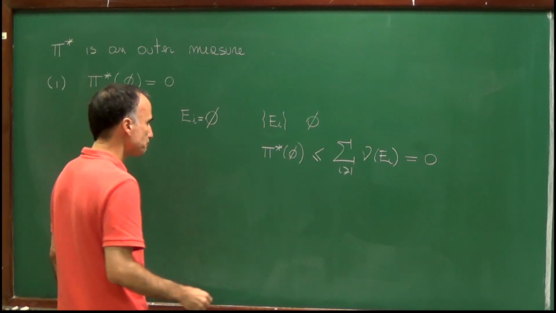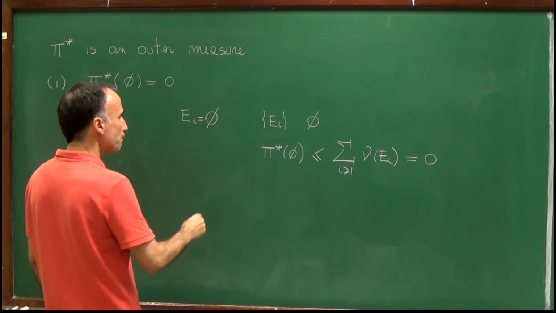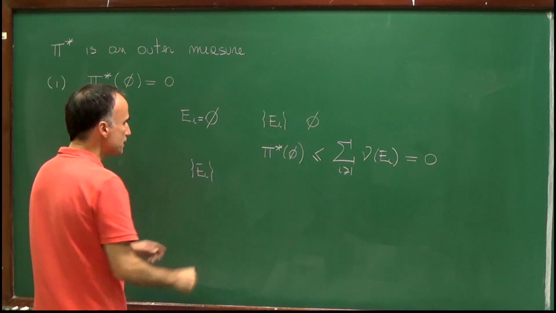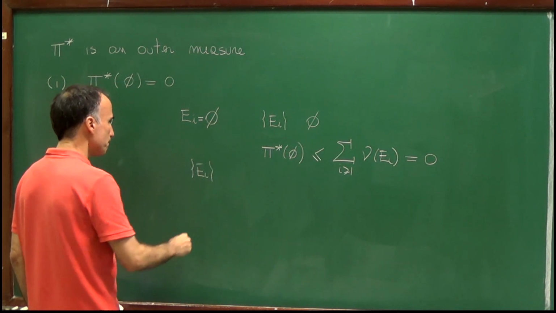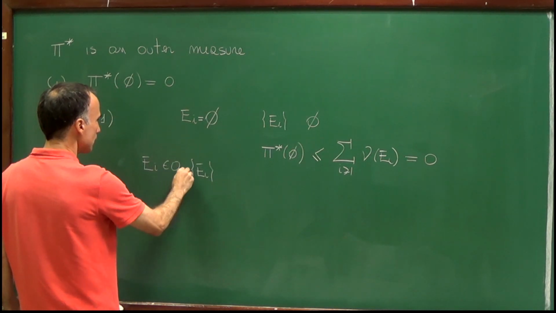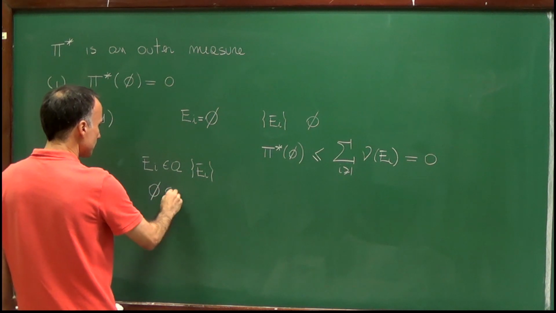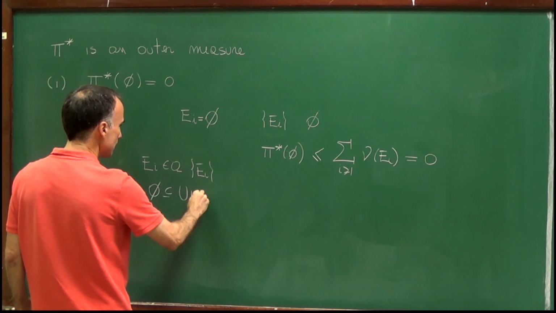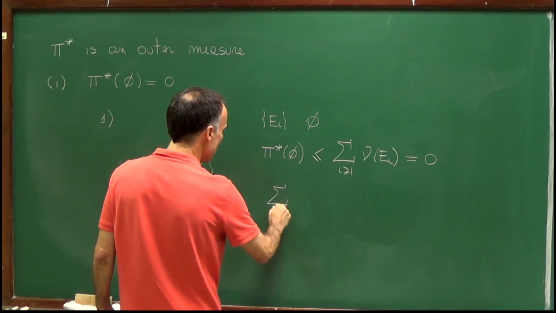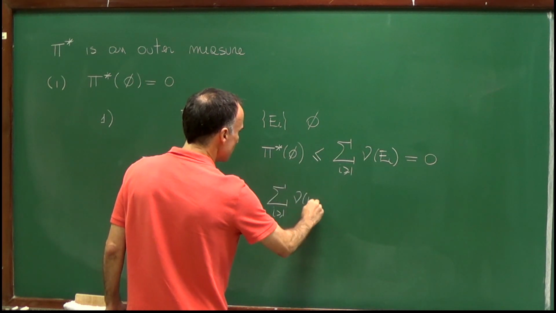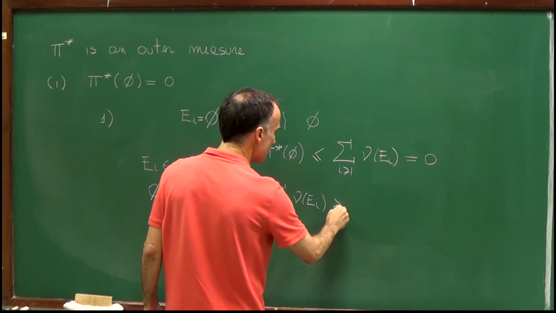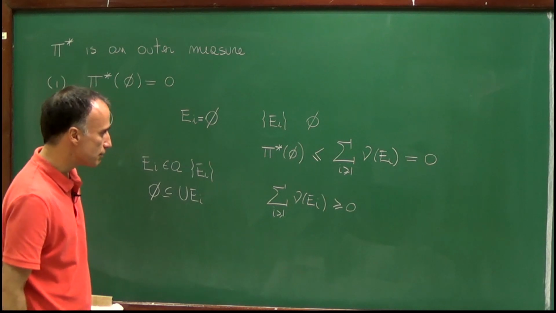On the other hand, if you take any covering of the empty set, so let's take a covering EI in A, the empty set included in the union of EI, this expression, the sum of nu of EI, since nu takes only non-negative values, is always greater than or equal to 0.